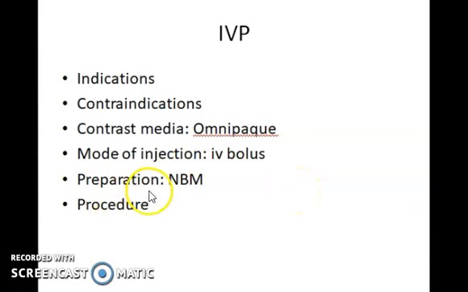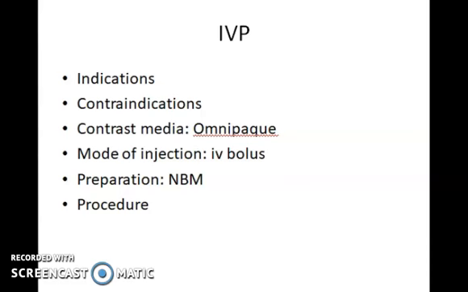For preparation of the IVP procedure, the patient should be nil by mouth for at least 8 hours before the procedure, and is asked to empty the bladder just before the injection of the dye. Then the procedure: a scout film is taken including the kidneys, ureters, bladder and urethral regions on a large size film, with the patient lying in a supine position.